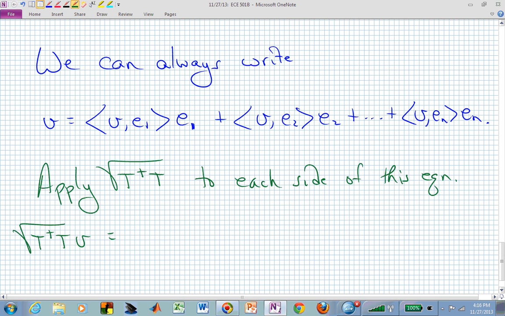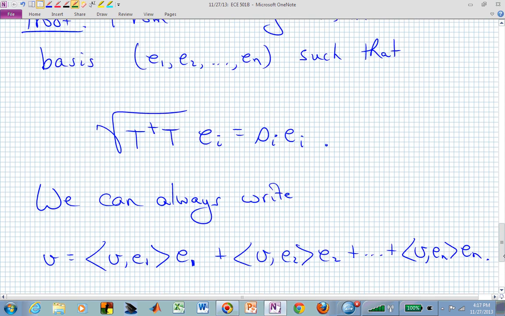But then what happens when we hit all of these terms with the positive square root of T dagger T? Whenever we hit e1, it's really equivalent to s1 e1. Because these are orthonormal basis vectors, we only have to worry about each one separately.